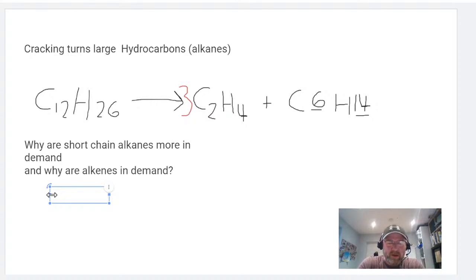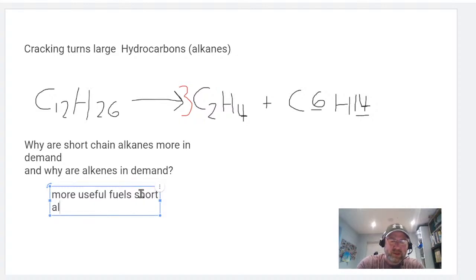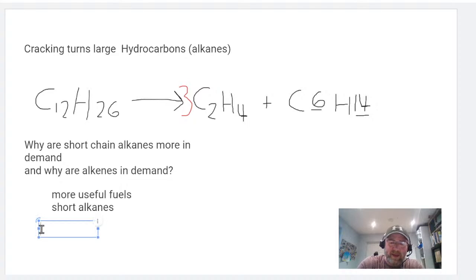Yeah. Good. But that's not for the alkenes, remember? Because the alkenes make smoky black smoke, so they're not as useful. Short alkanes are more useful fuels. And then alkenes are monomers. What's a monomer? Anybody remember what a monomer is?